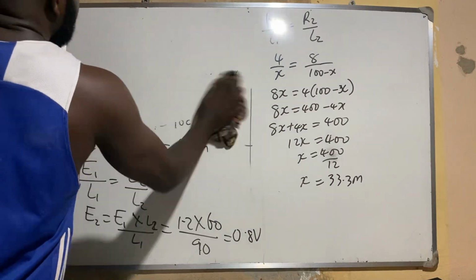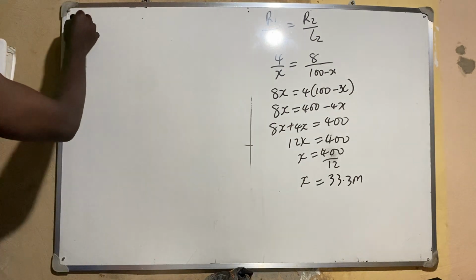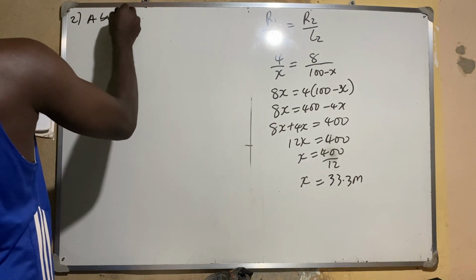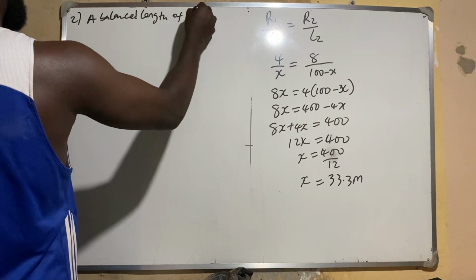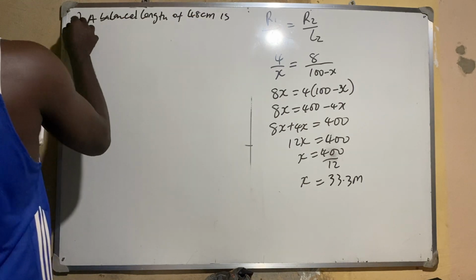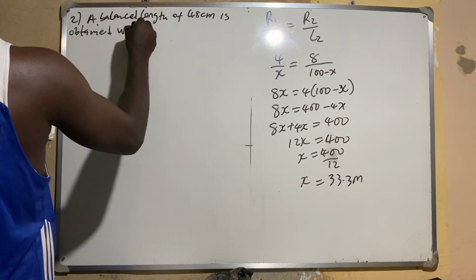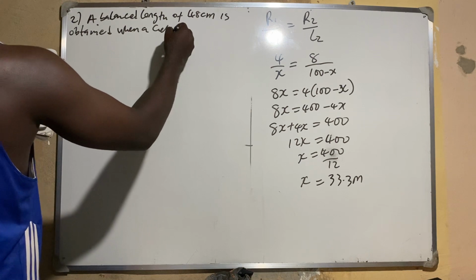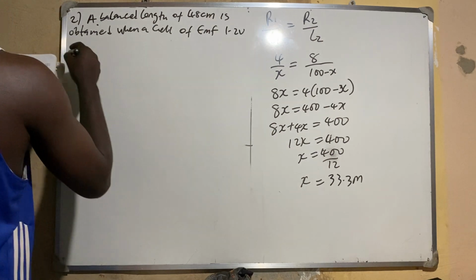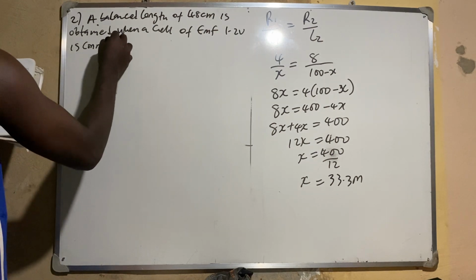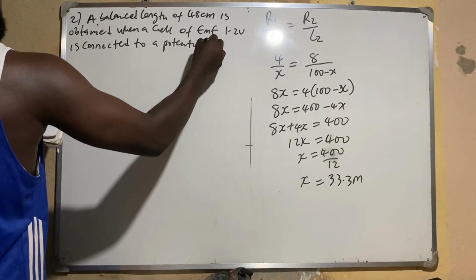The second question, which is the last question we are going to solve here, and then we are done for electricity. Question number 2 said a balanced length of 48 cm is obtained when a cell of EMF 1.2 volts is connected to a potentiometer.